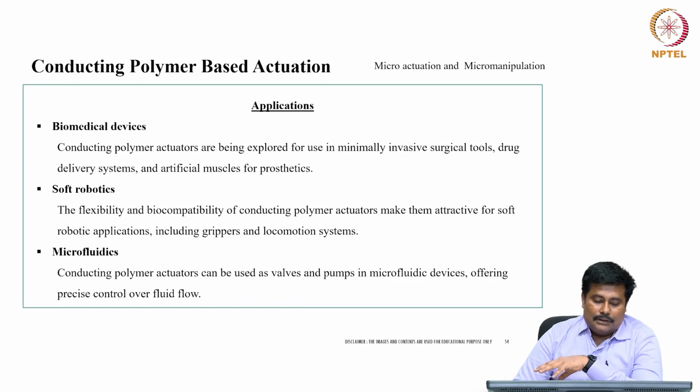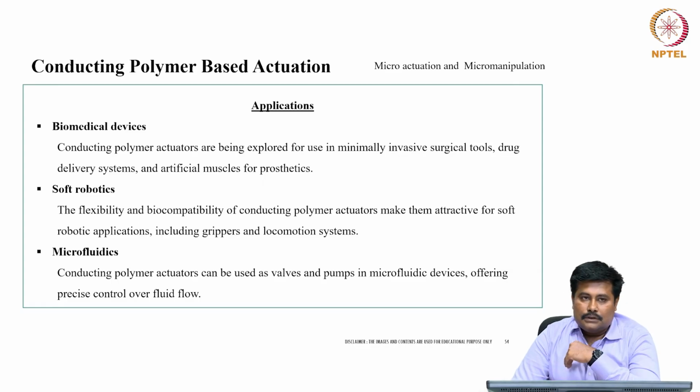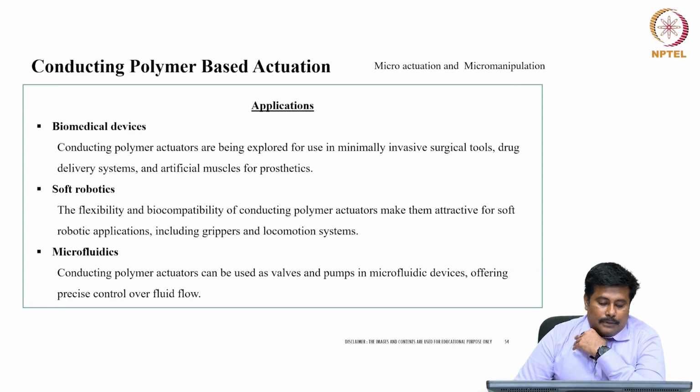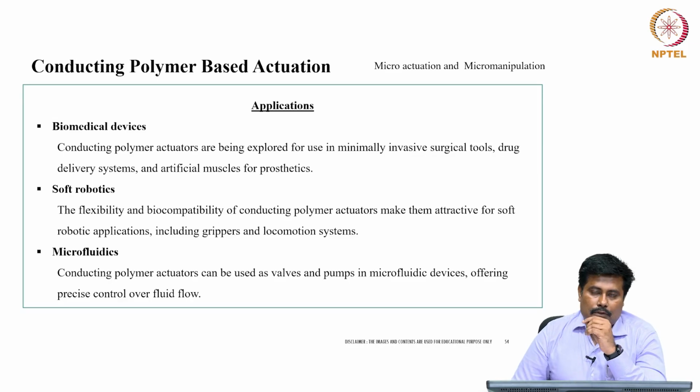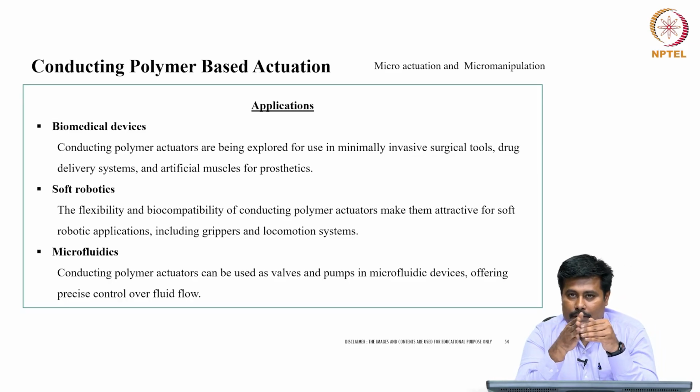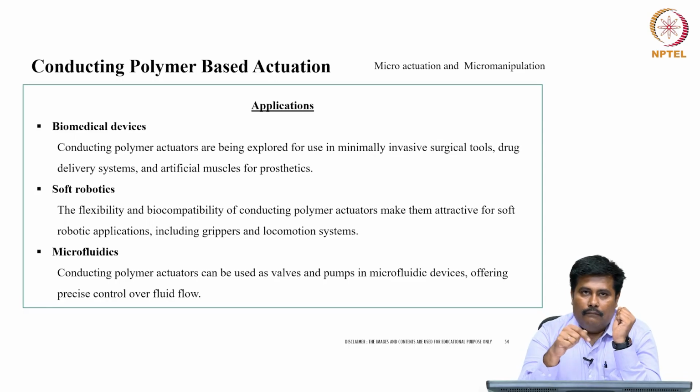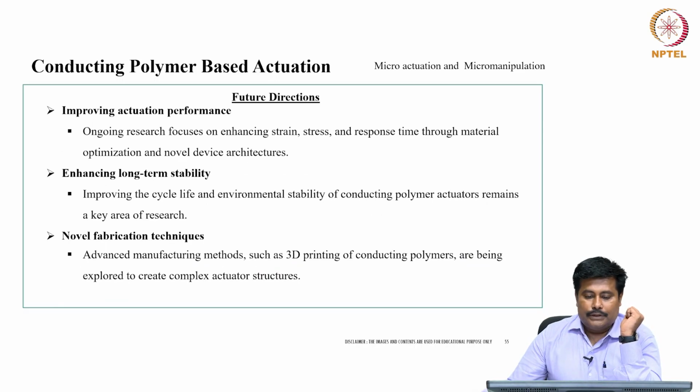The high flexibility and biocompatibility of conducting polymer actuators make them attractive for soft robotic applications, including grippers and locomotion systems. From a microfluidic perspective, conducting polymer actuators can be used as valves and pumps in microfluidic devices, which offers precise control. Like in the case of a microfluidic chip, we can have control over the actuation.